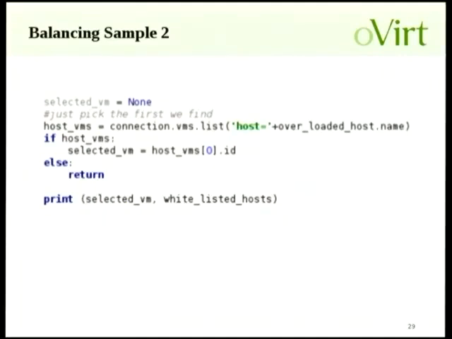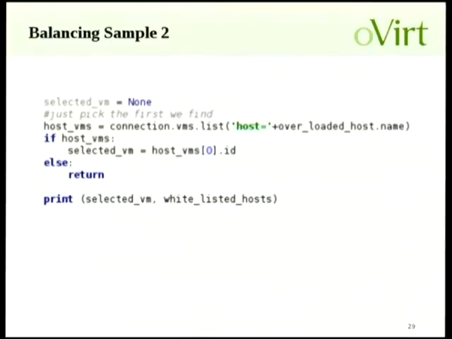This is how we use it internally to migrate VMs. According to some logic, you get the overloaded host. It's a code snippet. Then you select, here it's random, the first VM on that host.